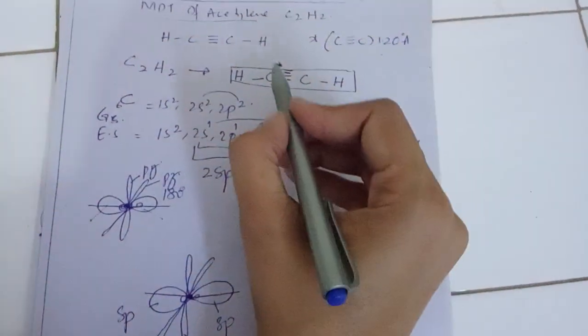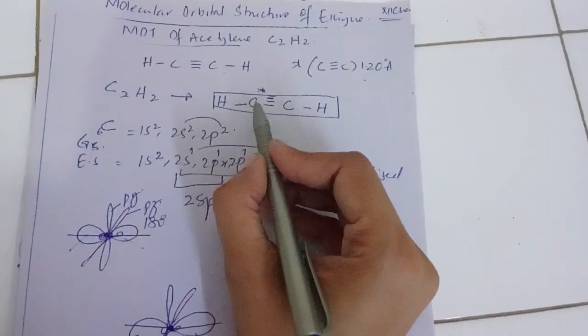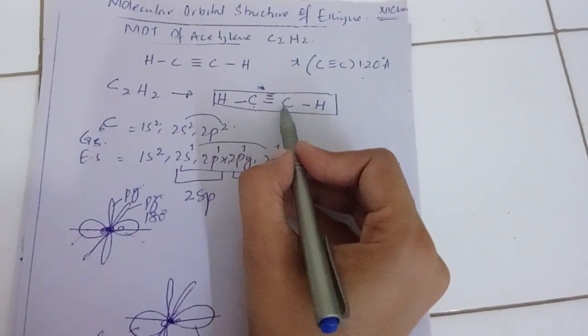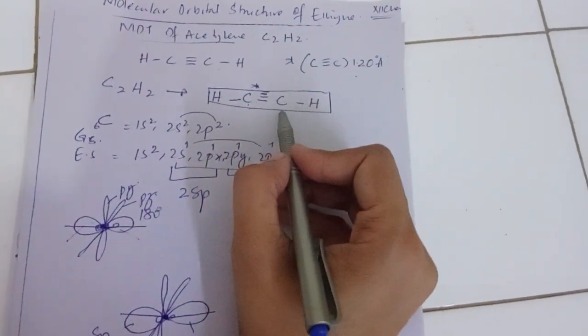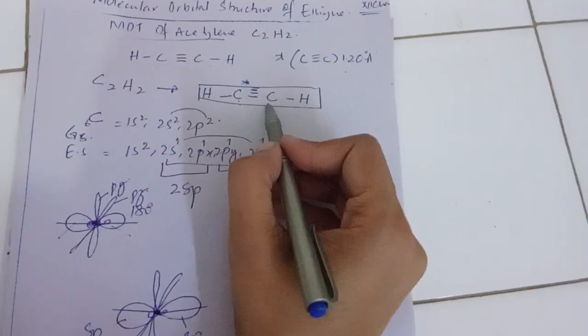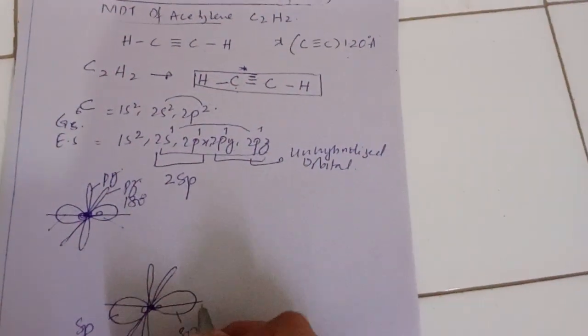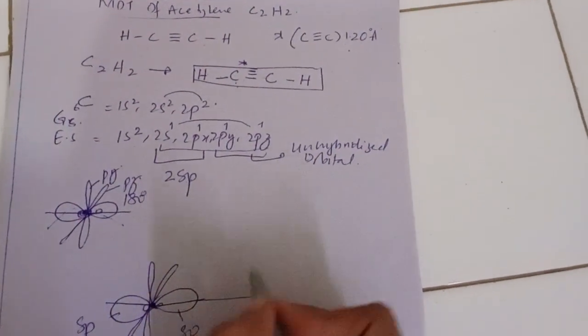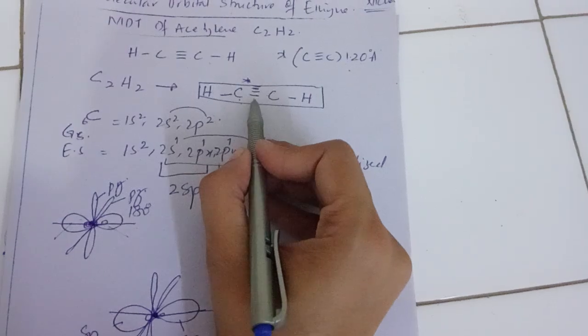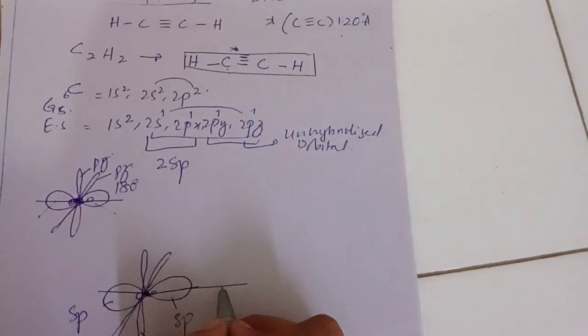In this structure, carbon is attached with another carbon which has similar characteristics, meaning it also will undergo sp hybridization, making the linear shape, such that each carbon is making a sigma bond with another carbon.